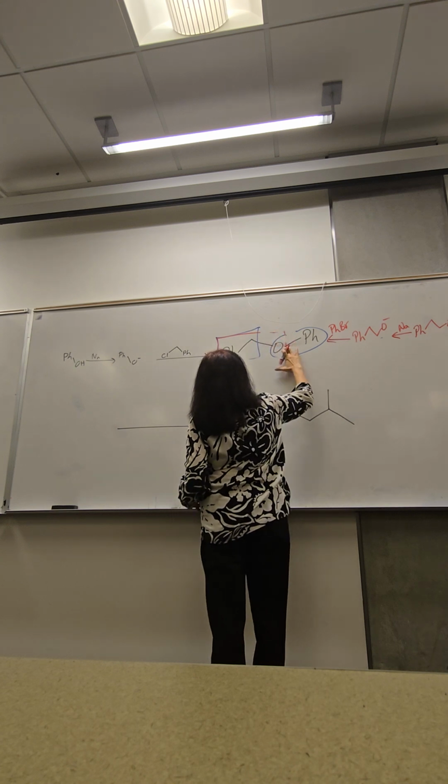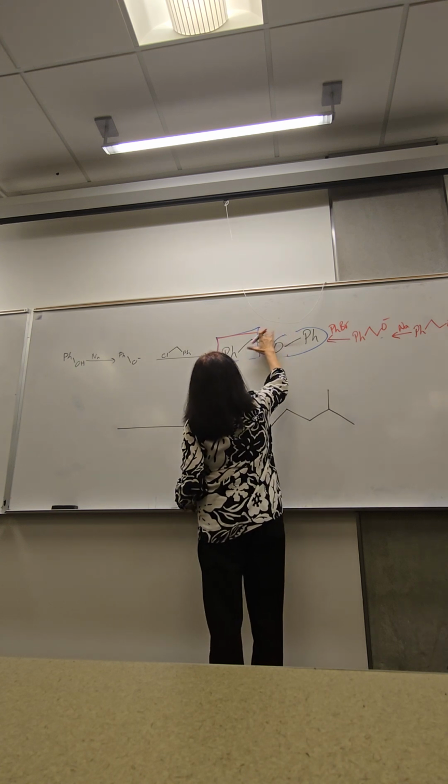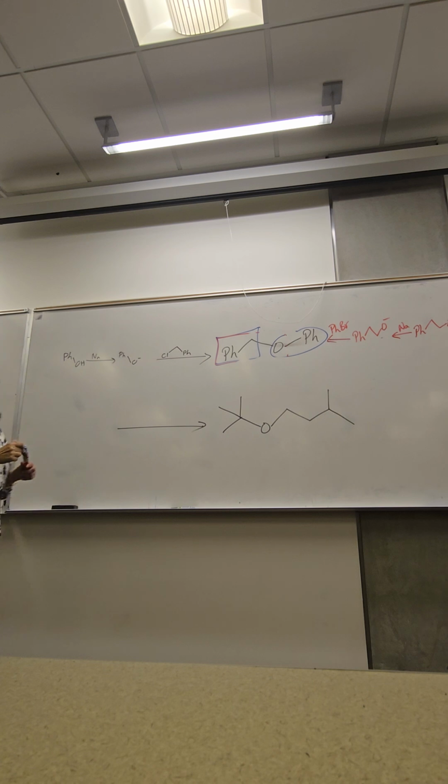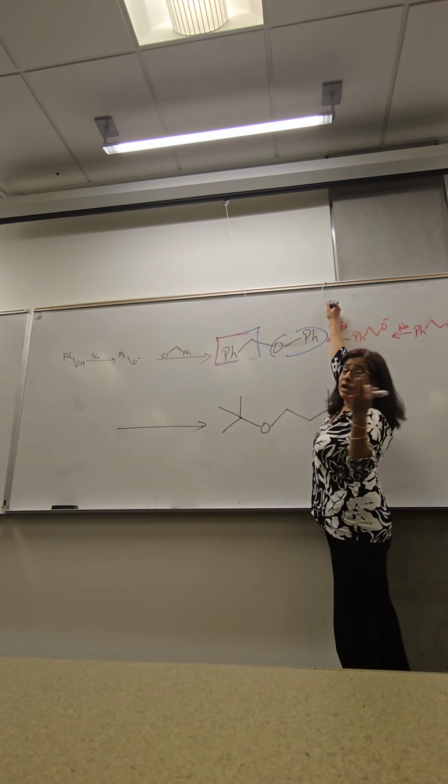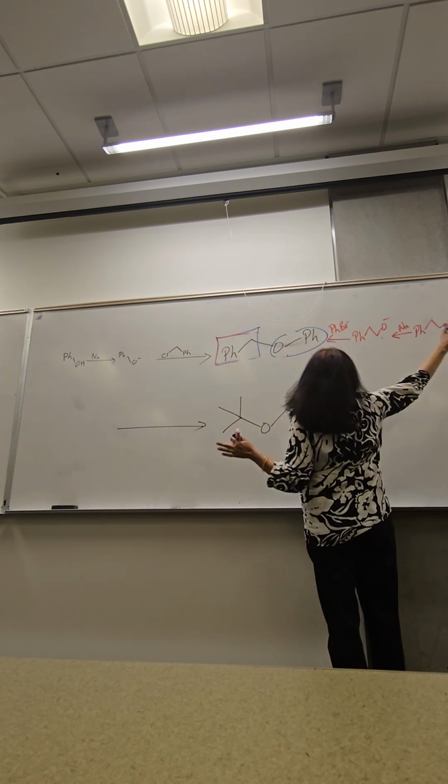Hold on. Why not? Because SN2. So? It's hindered. Who's hindered? Phenyl bromide. Is it really just hindered? It's actually not hindered, but you're absolutely right. This is the wrong thing to do.